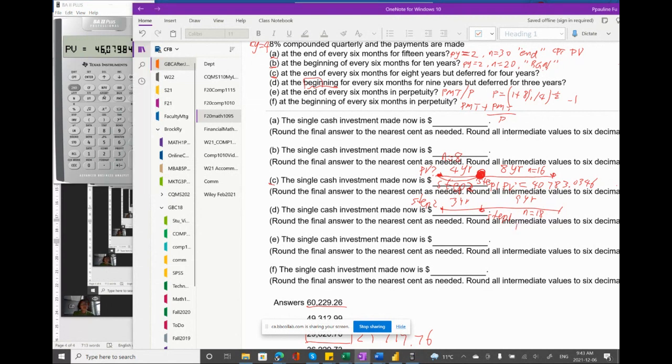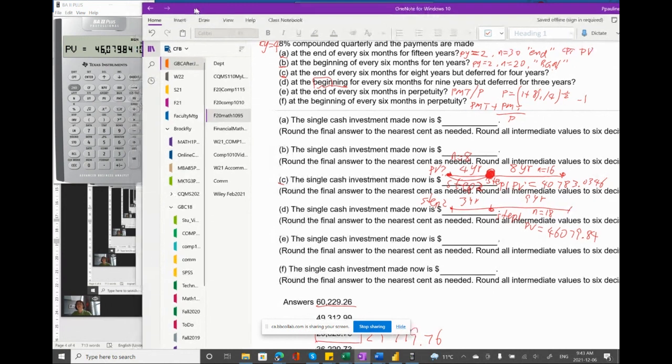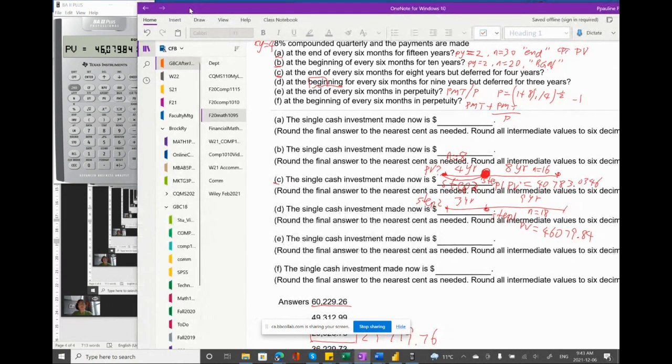So in step 1, I got PV, and this PV becomes the future value for step 2.